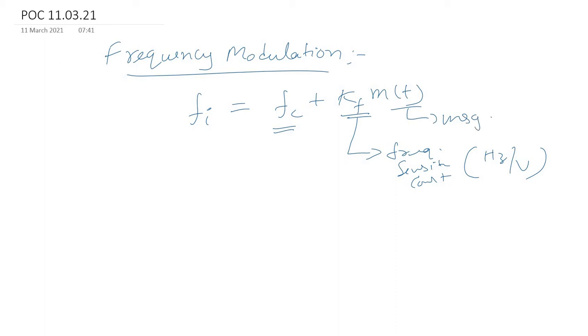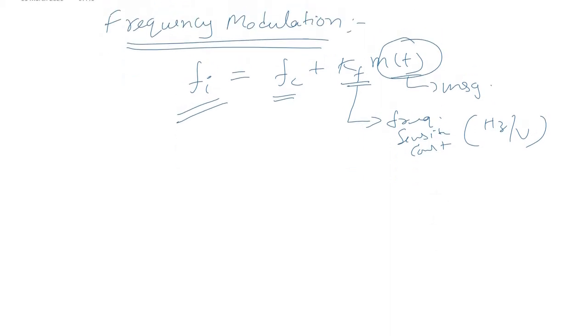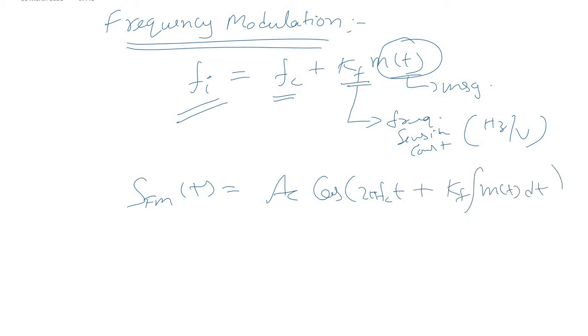So in accordance with the message signal, the frequency of the carrier signal is varied in a frequency modulated signal. Then we derived the general expression of a frequency modulated signal, and that comes out to be Ac cos(2 pi fc t plus kf times the integration of m(t) dt).